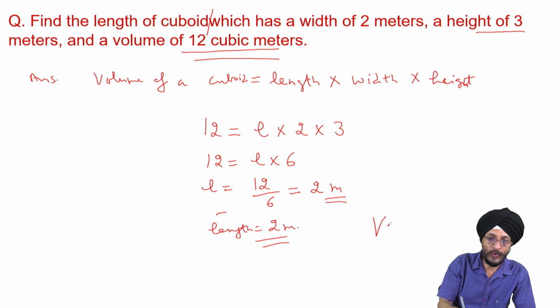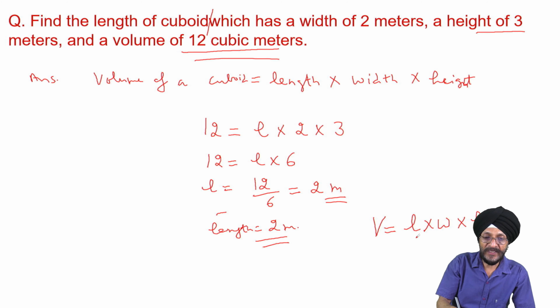The formula to be used is volume is equal to length multiplied by width multiplied by height. And in case any two of these items are given, you can easily find the third by dividing the volume by the other two.